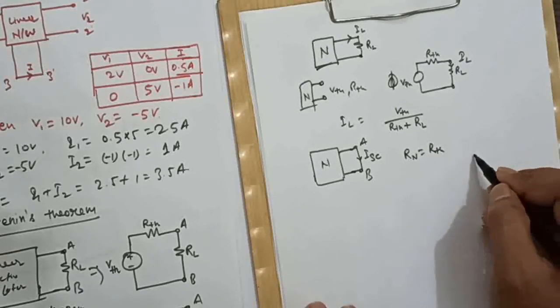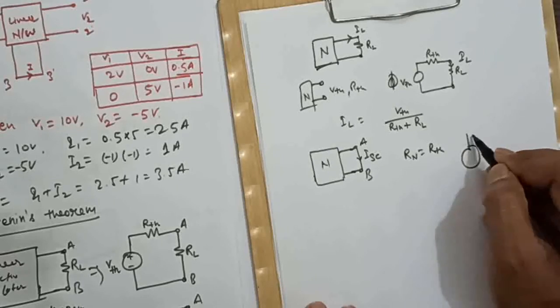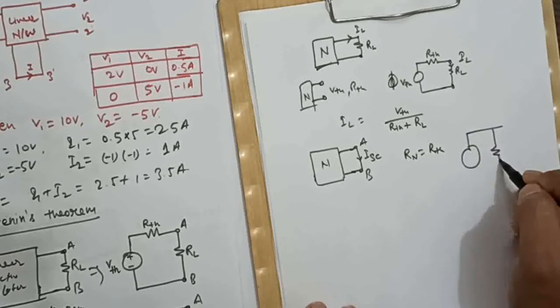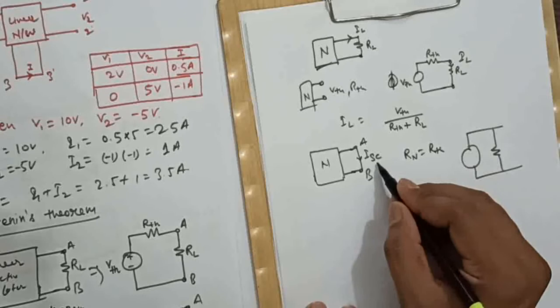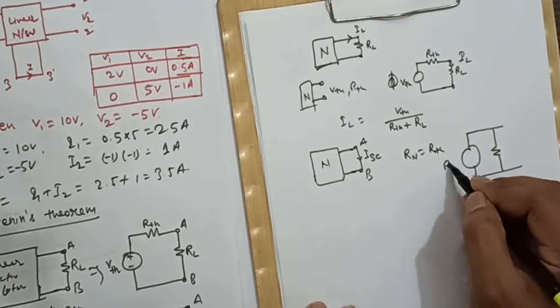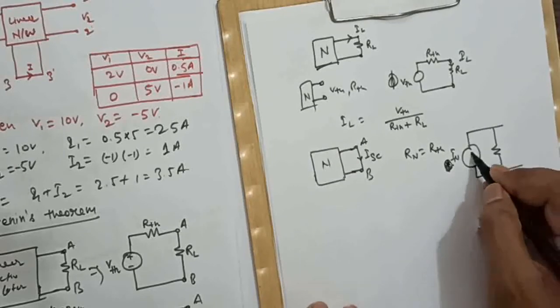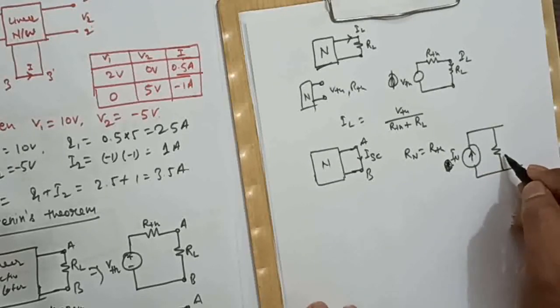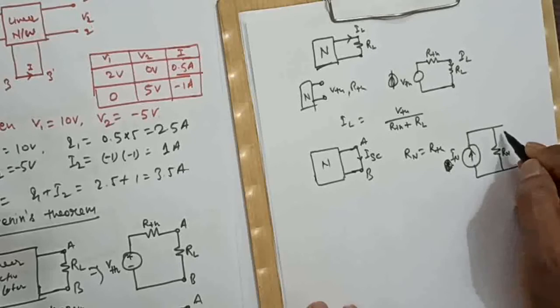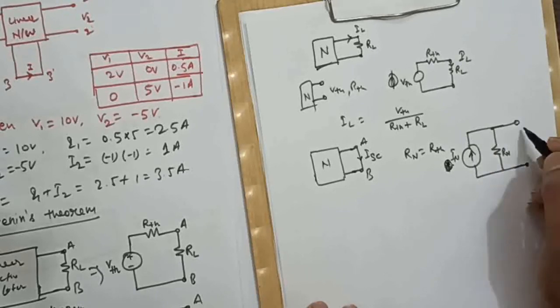So the equivalent circuit will become as follows. We have calculated ISC. ISC is nothing but IN, right? This resistance is nothing but Rn. So this circuit will transform like this, with IL and RL.